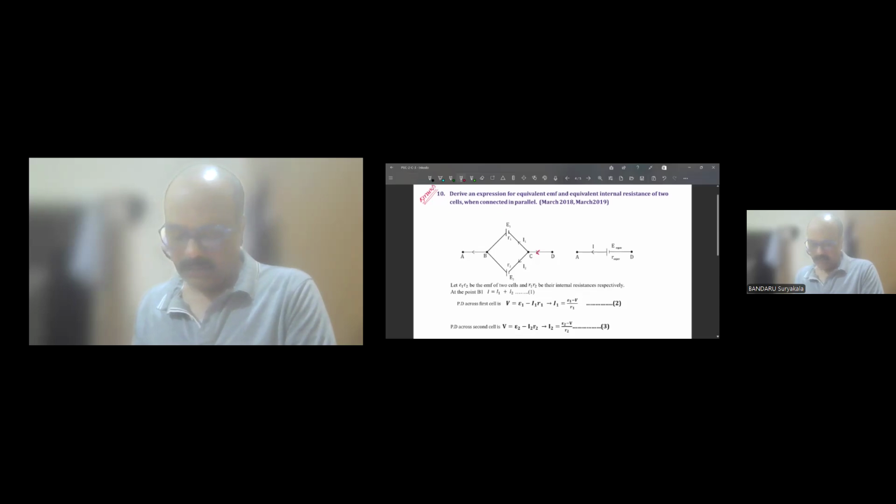Now see here. First, by applying the junction law, I equals I1 plus I2. This is I, which splits into two parts, and the output current also becomes I. So I equals I1 plus I2. That is equation number one.